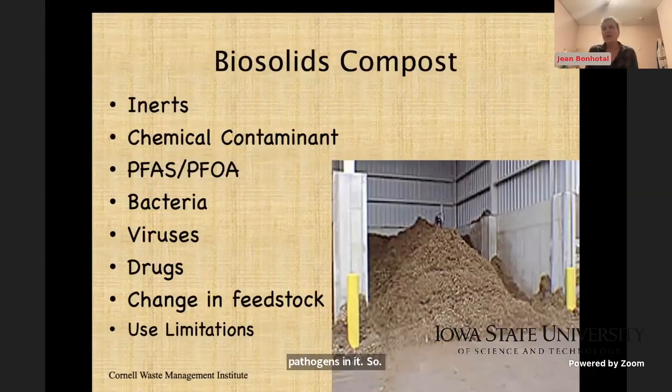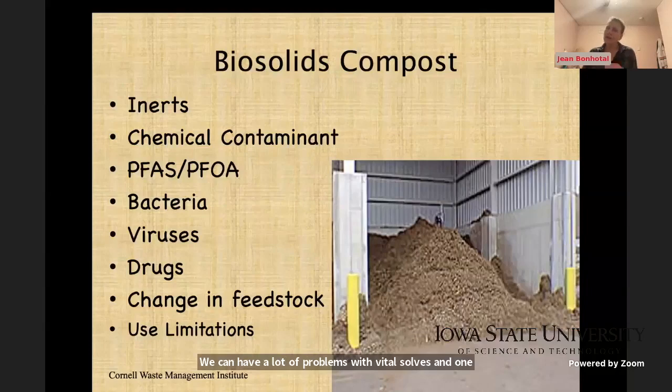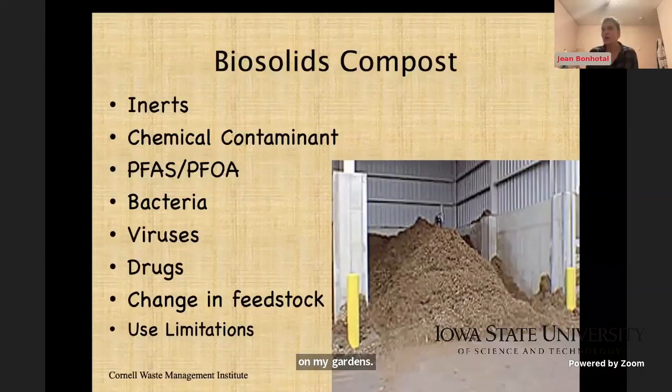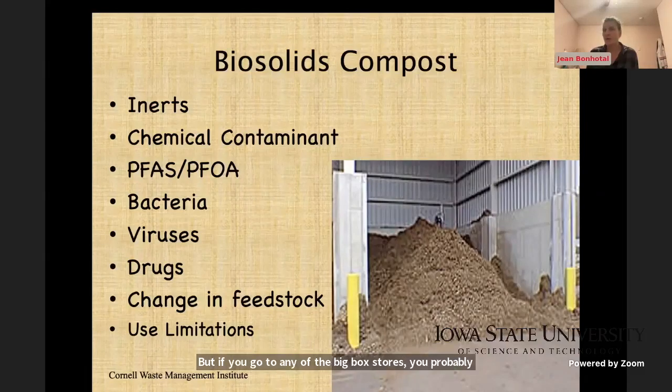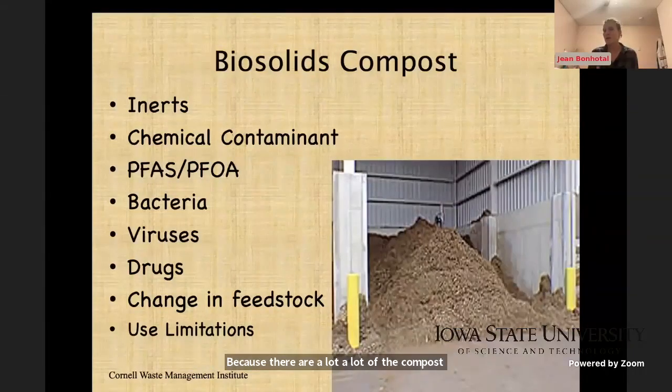Biosolids. This is the one that I want to emphasize a little bit more. We can have a lot of problems with biosolids. And one reason that you may say, oh, I don't use any biosolids on my gardens. But if you go to any of the big box stores, you probably are using biosolids on some of your gardens, because there are a lot of the composts there that are biosolids.